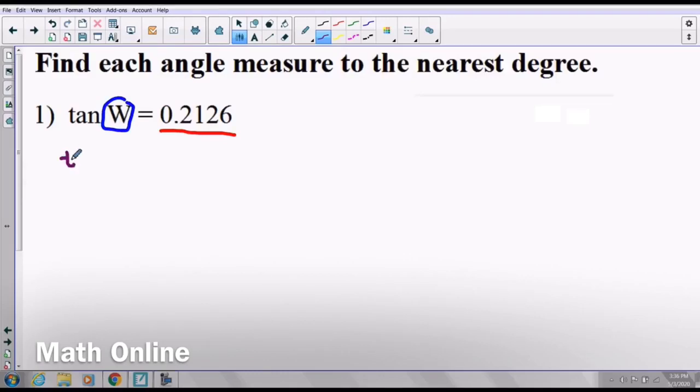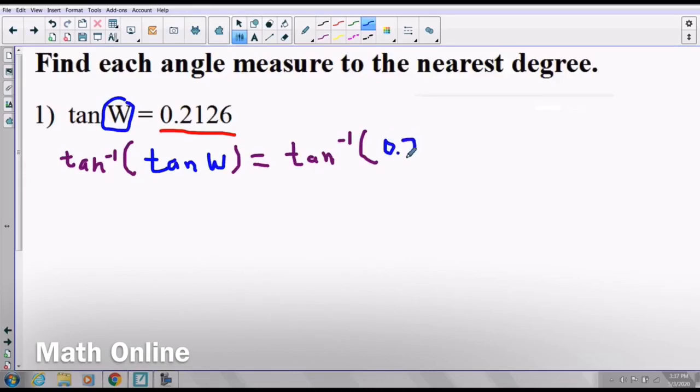Inverse tangent, don't forget your negative one, of tangent of W is equal to the inverse tangent of this ratio, the ratio that we were given, 0.2126.